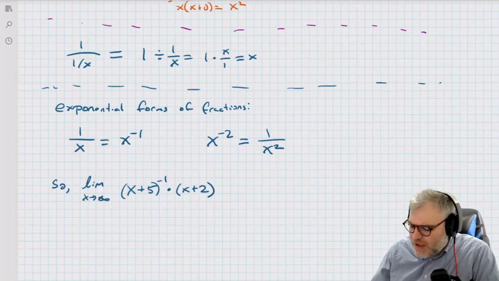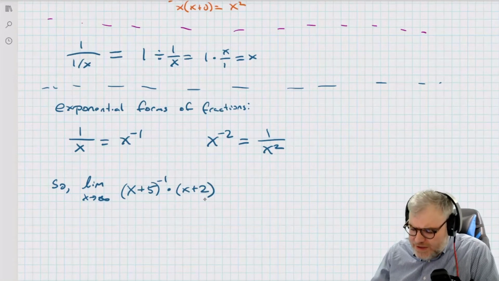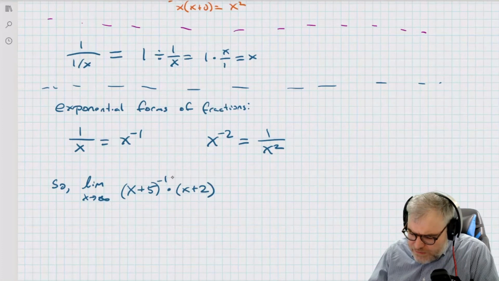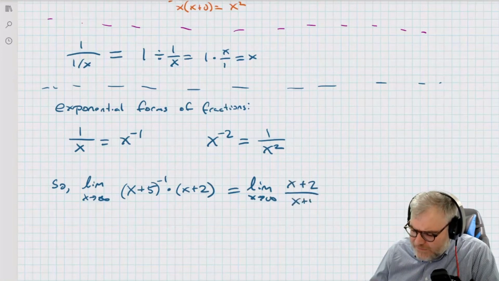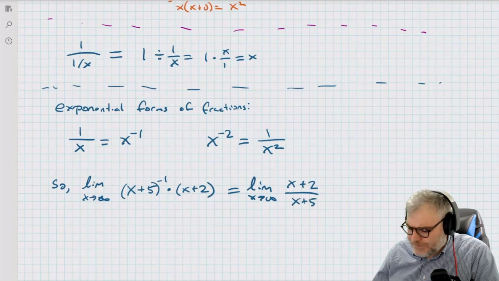Okay? So it's important to note here, right? So I've got the limit as x goes to infinity of x plus 5 to the negative 1 times x plus 2. It's important to note that I can't do the FOIL thing with this negative exponent. This actually equals the limit as x goes to infinity of x plus 2 over x plus 5. Okay?